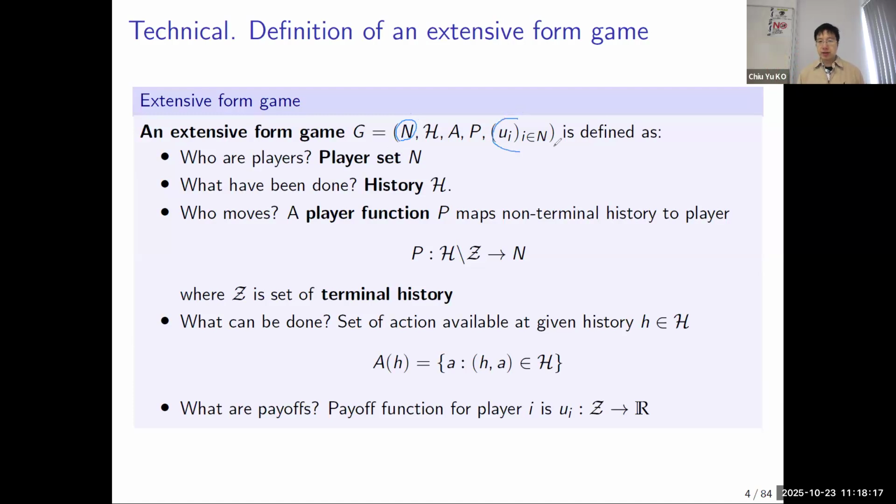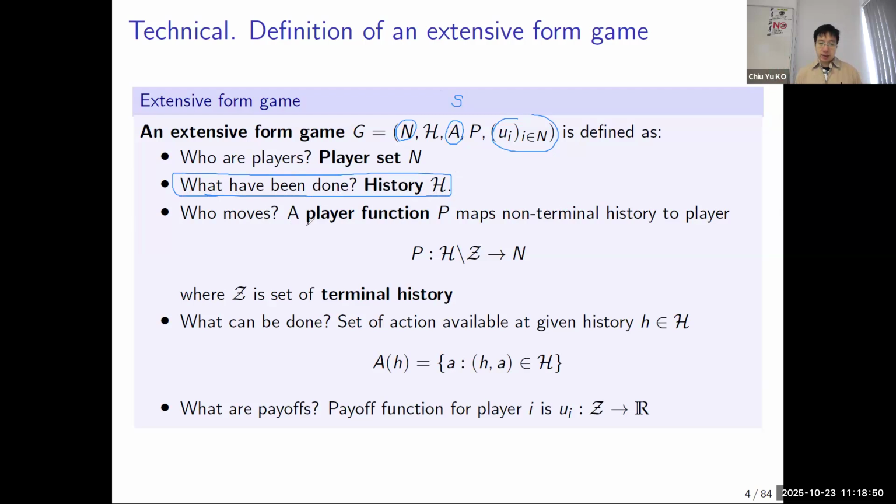U is no problem as well, but later you see it's a little bit different. A, something we know already, is S, or a kind of strategy, what can be done. But these are a little bit different here. First, we have to define what is the set of strategies. The set of strategies is, as you define later, what has been done. But what's been done will be what other people have done.